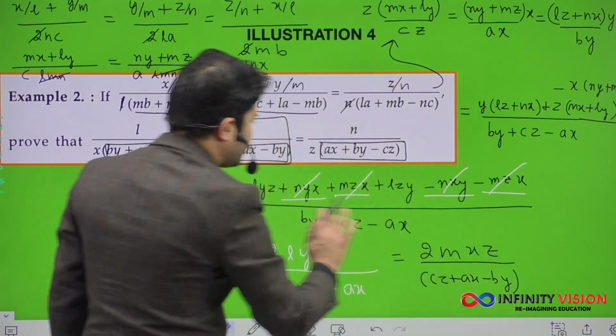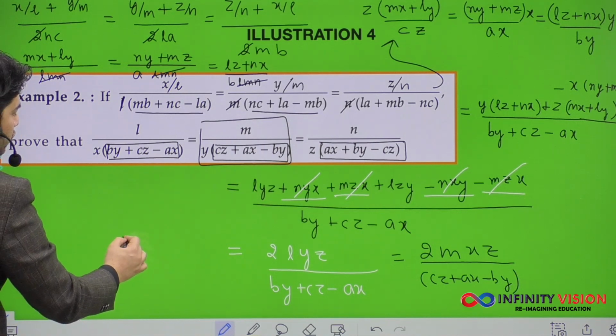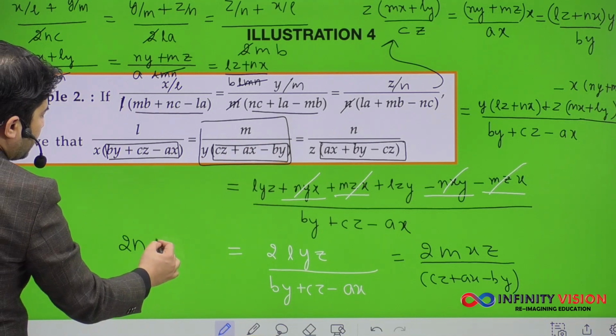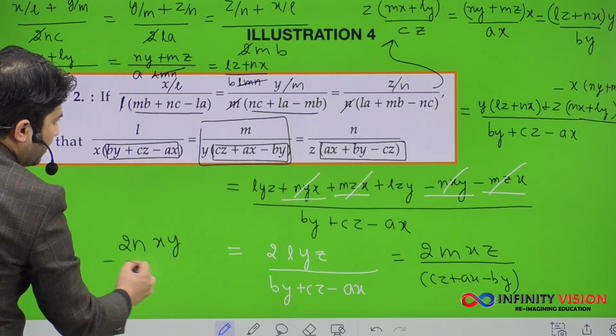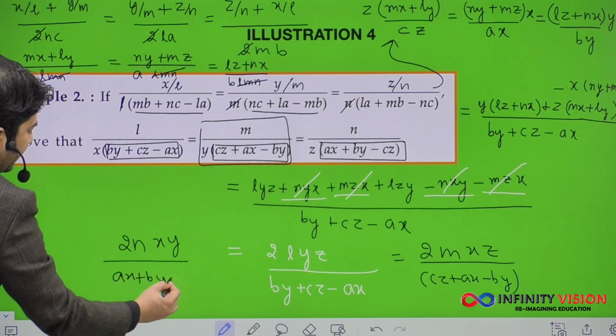You're going to do the same story, and in the third you are going to get 2n xy upon ax plus by minus cz.